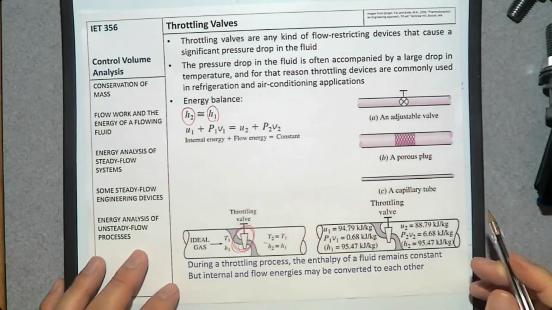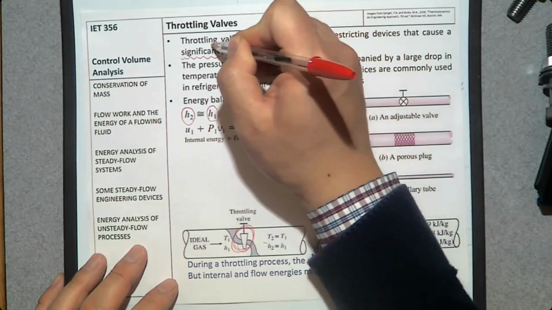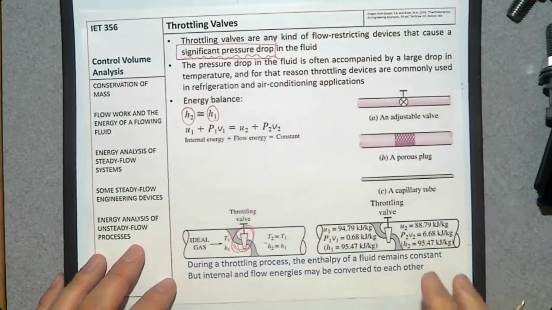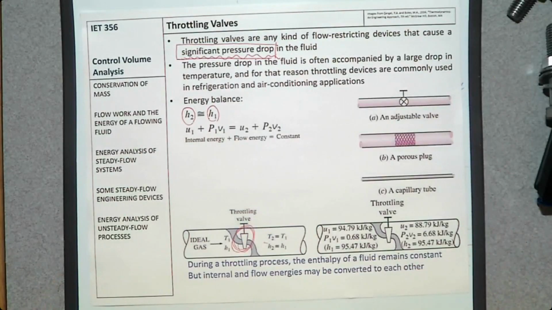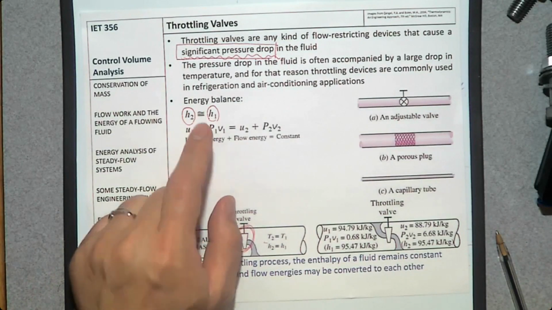By the way, this throttling valve drops pressure. That's what it does. If we want to increase the pressure of a fluid, we use a compressor, and if we want to decrease pressure, we use this throttling valve. So the energy balance equation is that the enthalpy H remains constant.